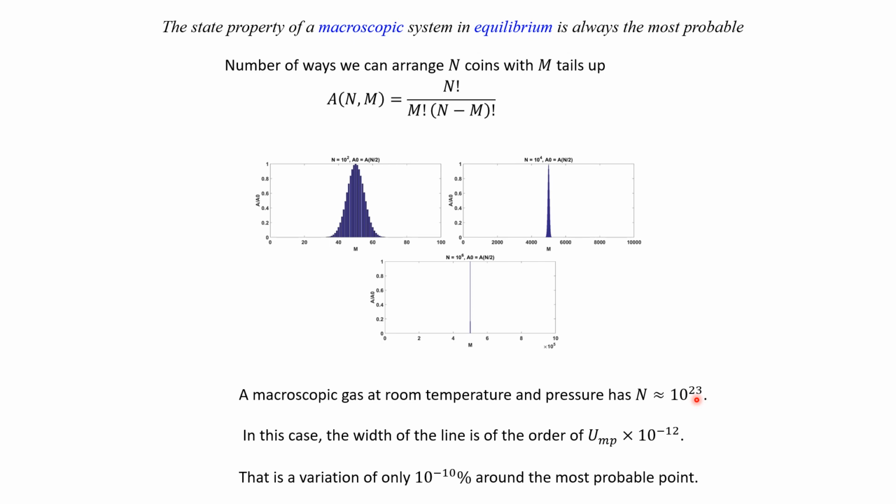So each configuration could be accessed with the same probability in each toss experiment, but there are so many more states having half of the coins with tails up that it is guaranteed that we're going to find half of the coins with tails up in all toss experiments.